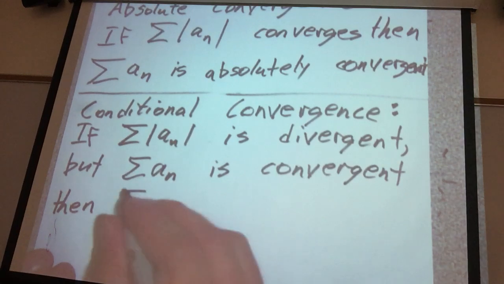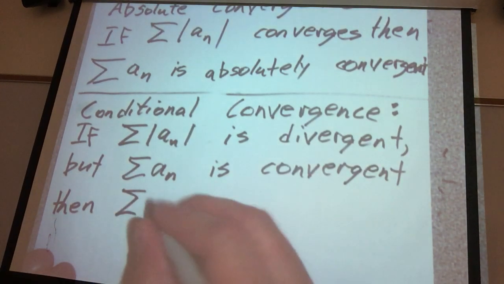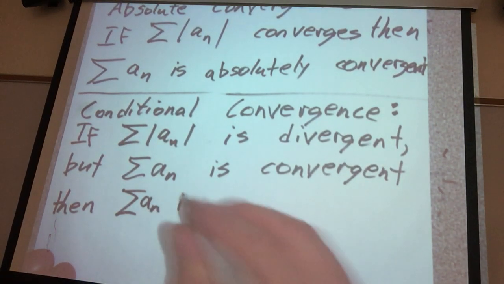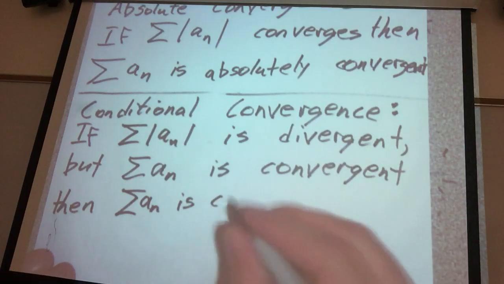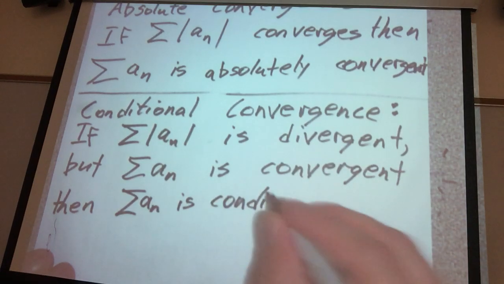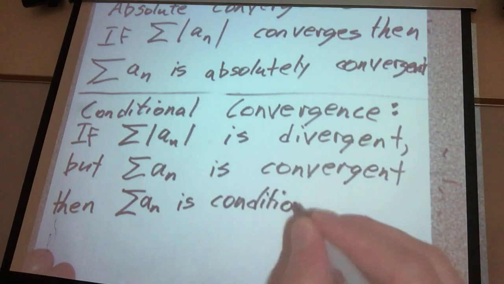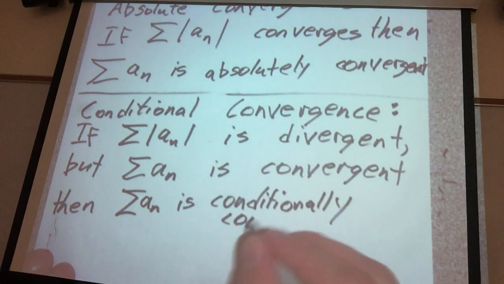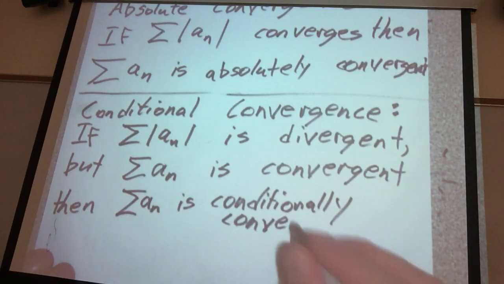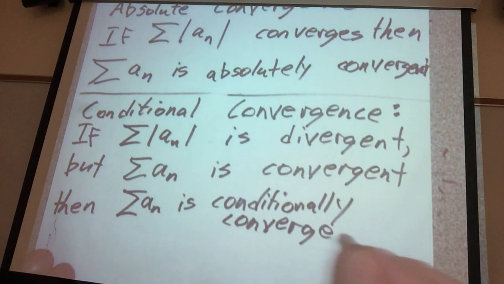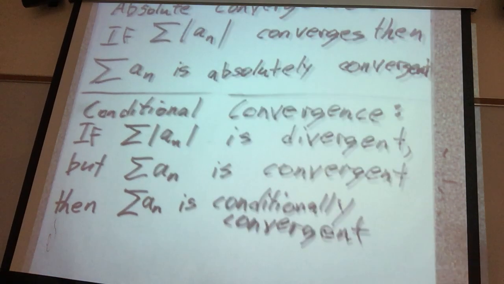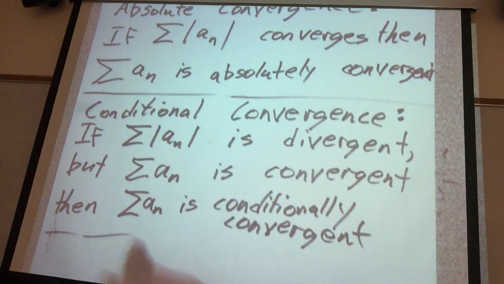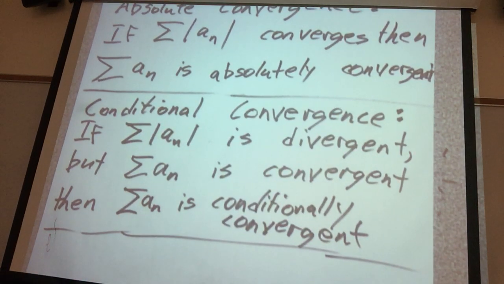Then the sum of A sub n is conditionally convergent. Okay. There are other types of convergence as well.